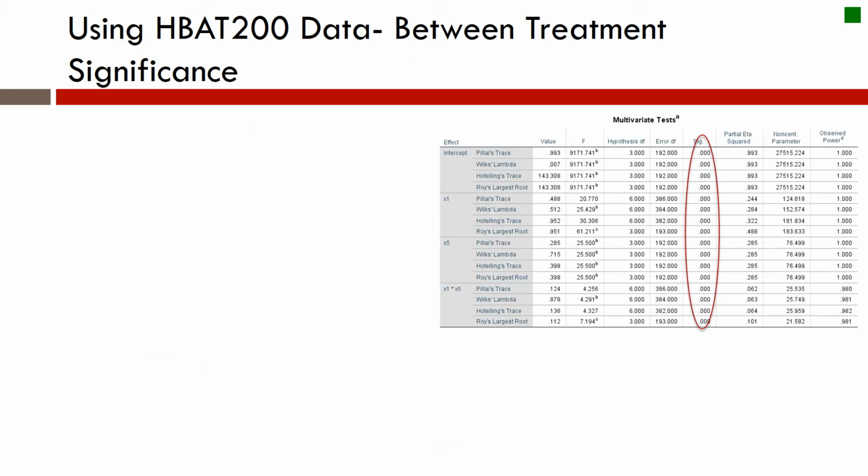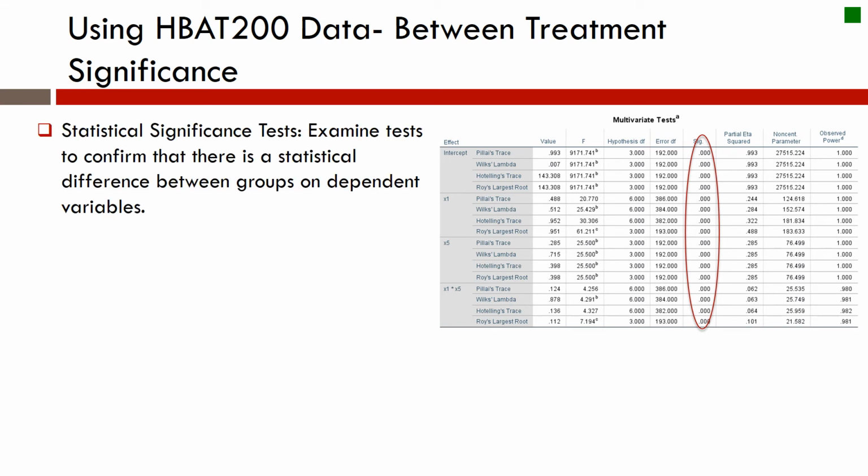Going through here like we've done with the other MANOVAs that we've run, a regular straight up MANOVA, then a k-factor MANOVA, and now we have a two independent variable MANOVA. We're going to do the multivariate tests.